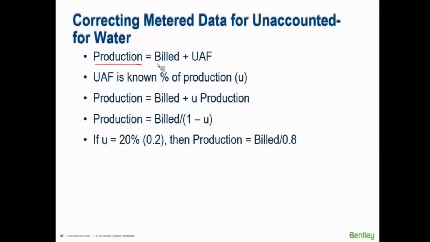The amount of water that's produced is equal to the amount of water that's billed plus everything else that was lost. If we assume that the unaccounted for water is some percentage of production, we'll call that U here, then we can play around with some numbers and represent the amount produced relative to the amount billed divided by 1 minus this percentage. Now, again, we're kind of monkeying around.